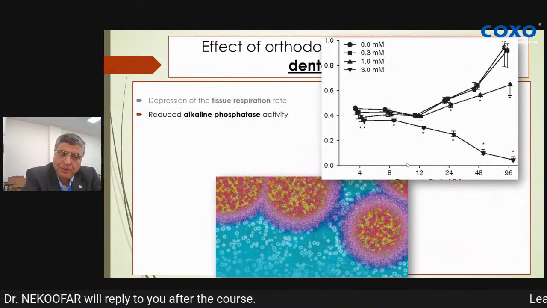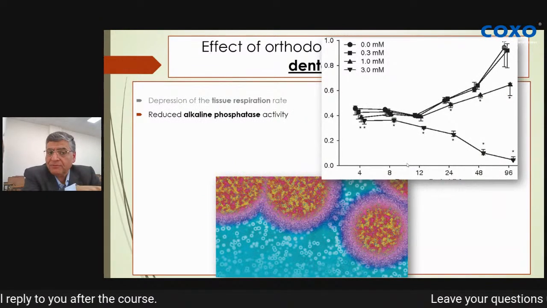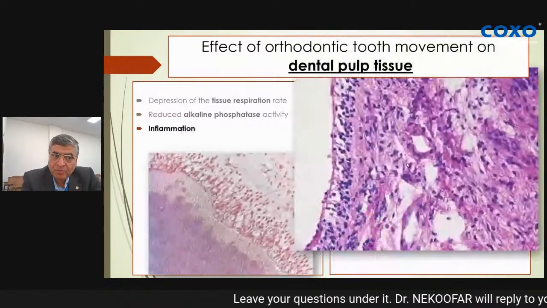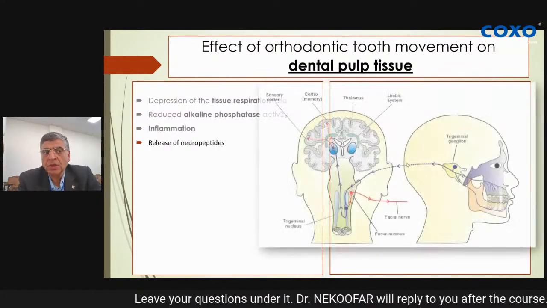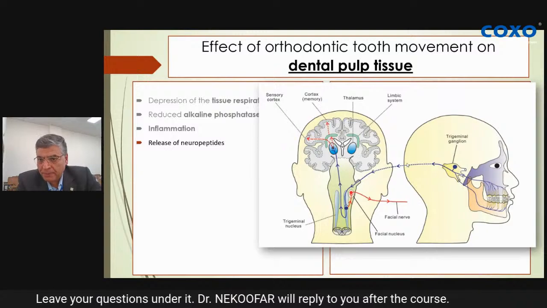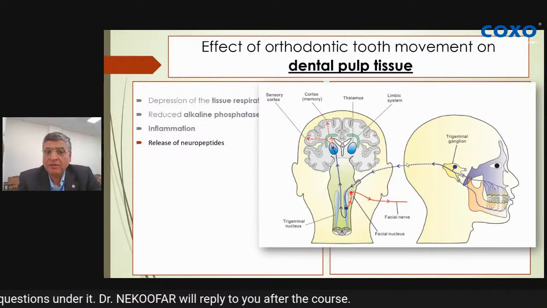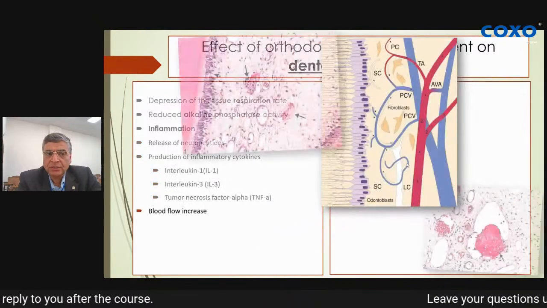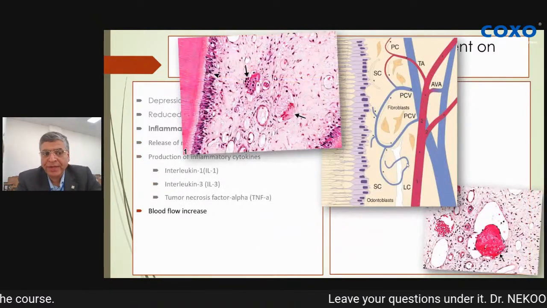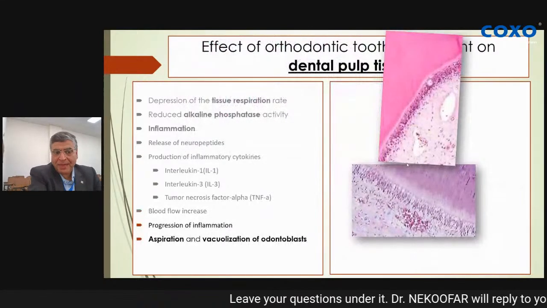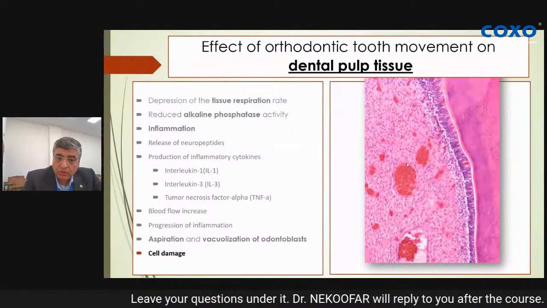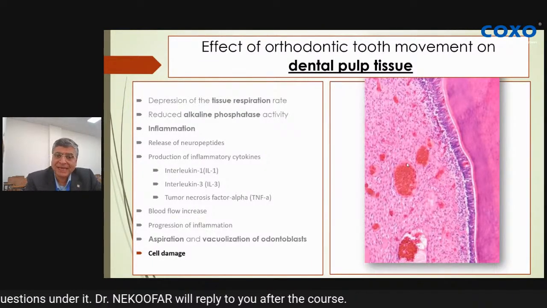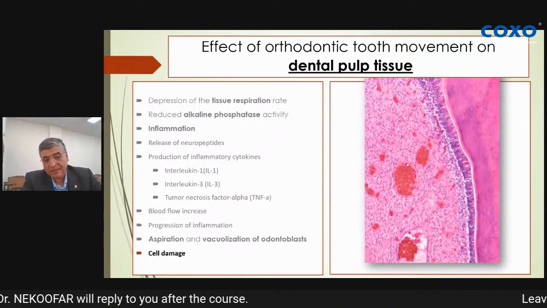So if this happens and we see the alkaline phosphatase activity reduced, which is shown in the literature, we have inflammation, we have release of neuropeptides in the area that is affected by tooth movement, inflammatory cytokines, blood flow increase, progression of inflammation, and then vacuolization of odontoblasts, which are the most important cells for us, and aspiration of them into the dentinal tubule.